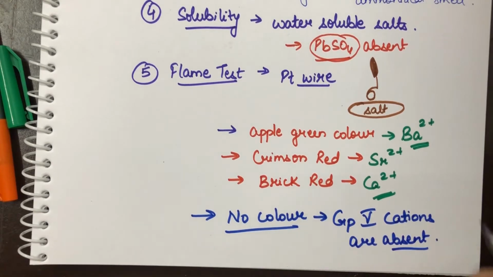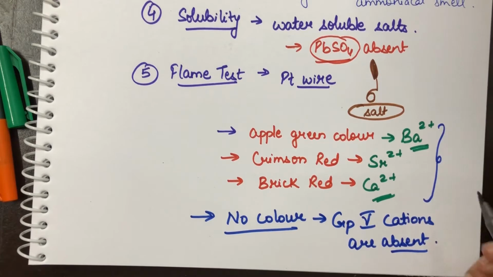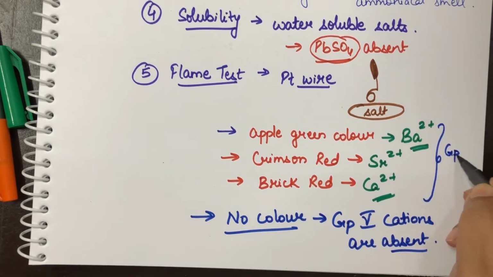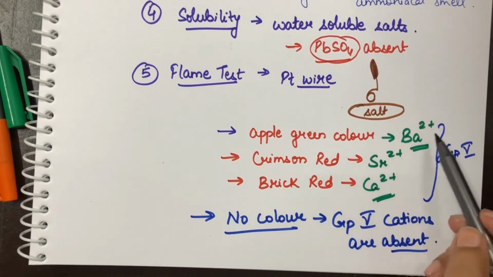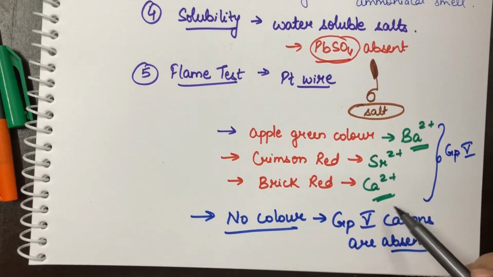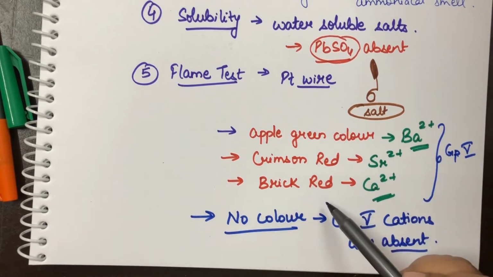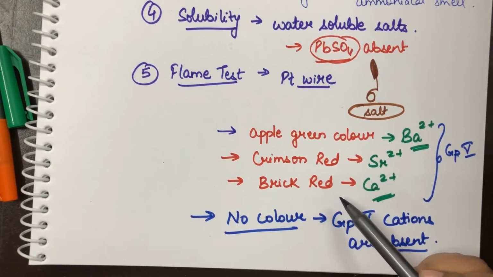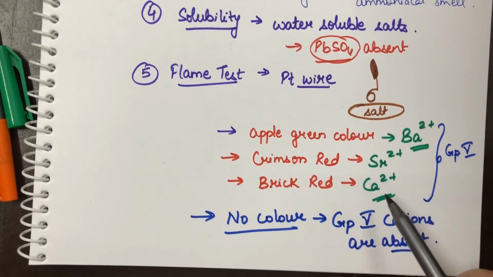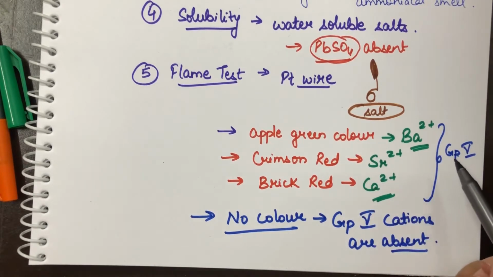I'll very soon in the video tell you what are the group 5 cations, but barium, strontium and calcium belong to group 5. So as I told you, all these three cations, they have a peculiar color when subjected to flame. So once you see that there are these colors, you can directly say that group 5 cations are present. Just in case you do not see a flame color, then you can say that group 5 cations are absent, and you can skip this group and move to the group 6 analysis.